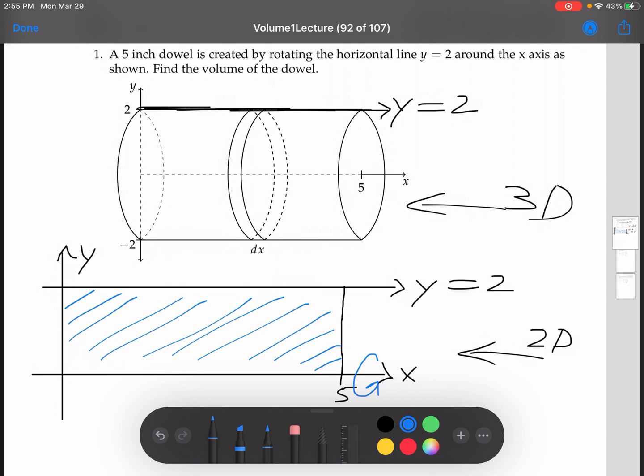If you rotate it one full turn around the x-axis, you would in fact get this three-dimensional object, the cylinder.